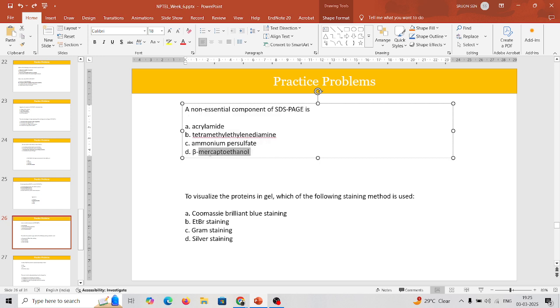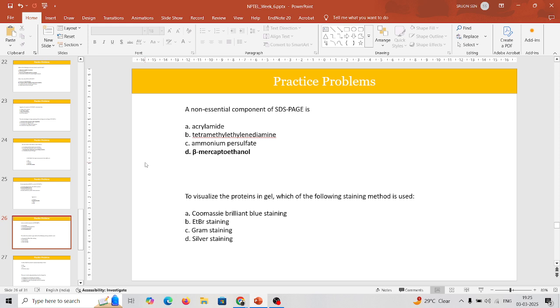Because if you want to check whether your proteins have a disulfide linkage or not, you cannot add a reducing agent, or you cannot add BME over there. So it's not essential, but most of us use it because we want to see the protein in its monomeric form. So the reducing agents are not essential in the gel preparation, but it's recommended to provide it in the samples to break the disulfide bonds. Correct? So beta mercaptoethanol is not an essential candidate.